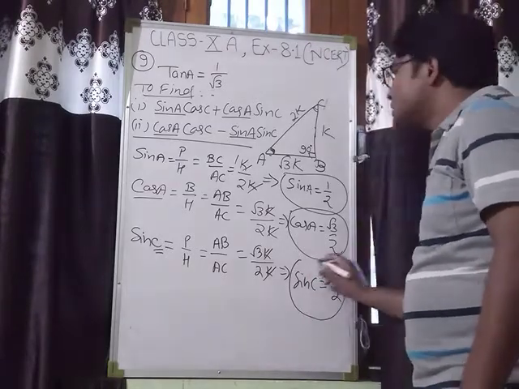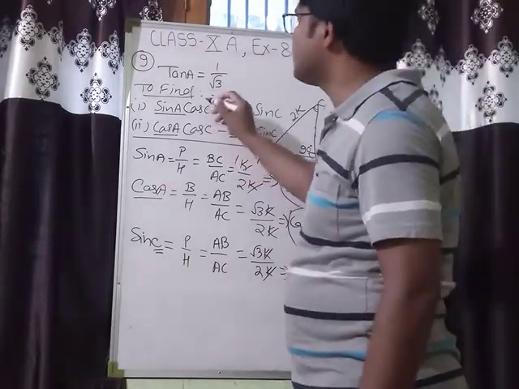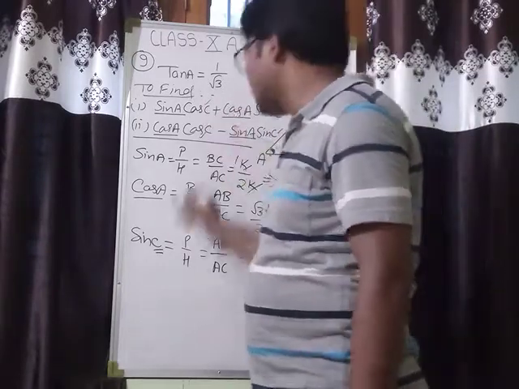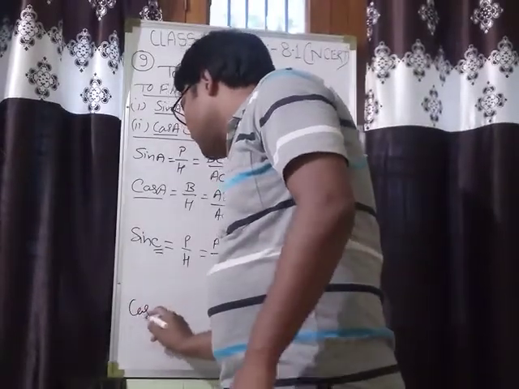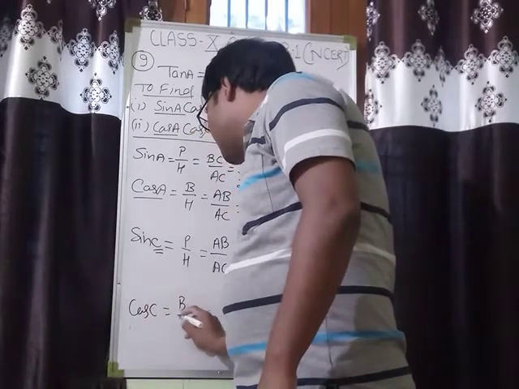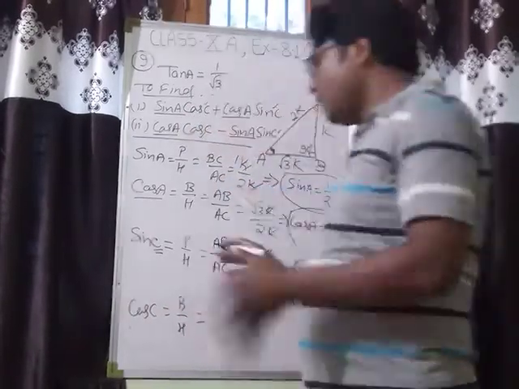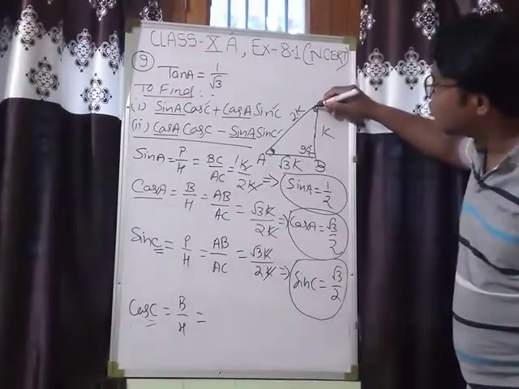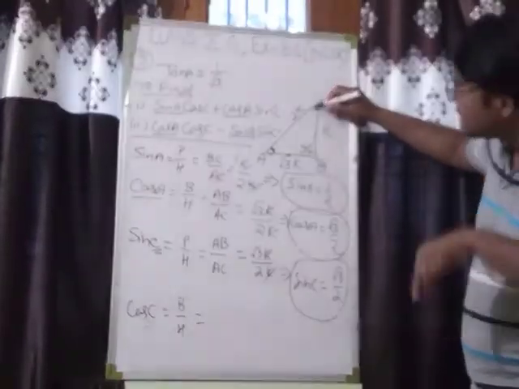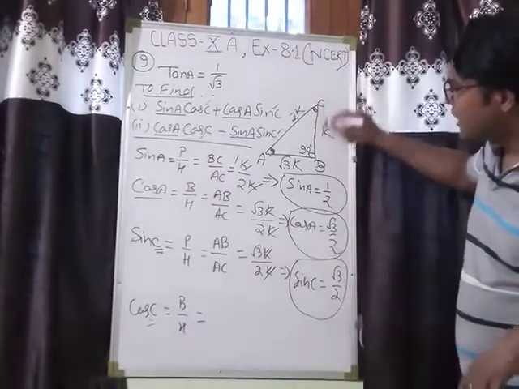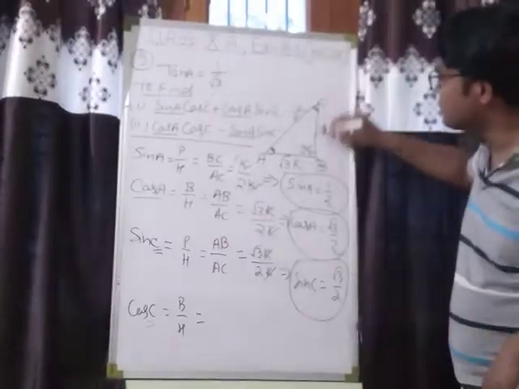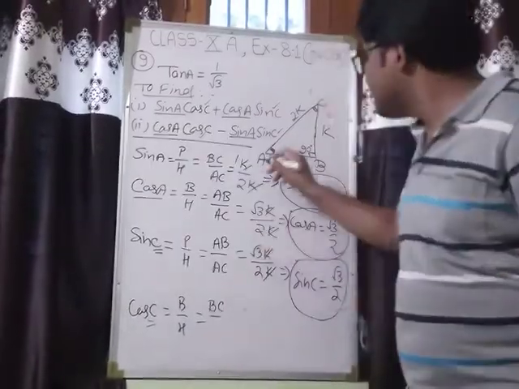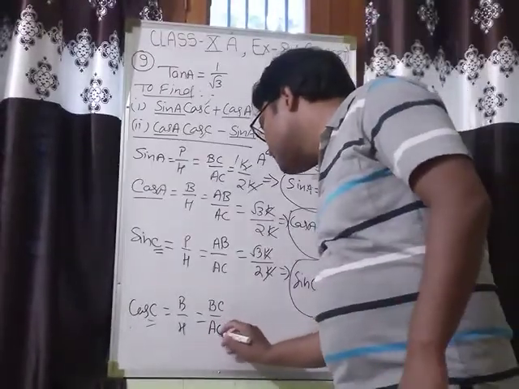Okay. That is sin C. Now I am going to find cos C. So cos C is base upon hypotenuse. And again we are talking about angle C. So the base for this angle must be the side adjacent to it, that is BC, upon hypotenuse AC.